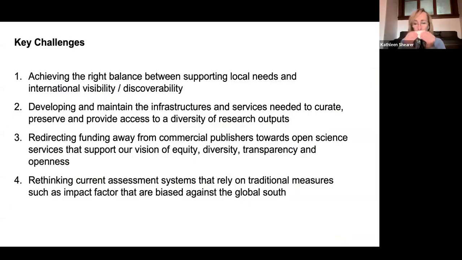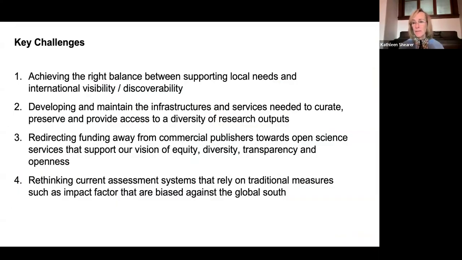So some of the questions that we've been asking ourselves are, how can we achieve this balance where we're supporting local needs, but also we can have international visibility and discoverability? How can we maintain infrastructures in under-funded environments?